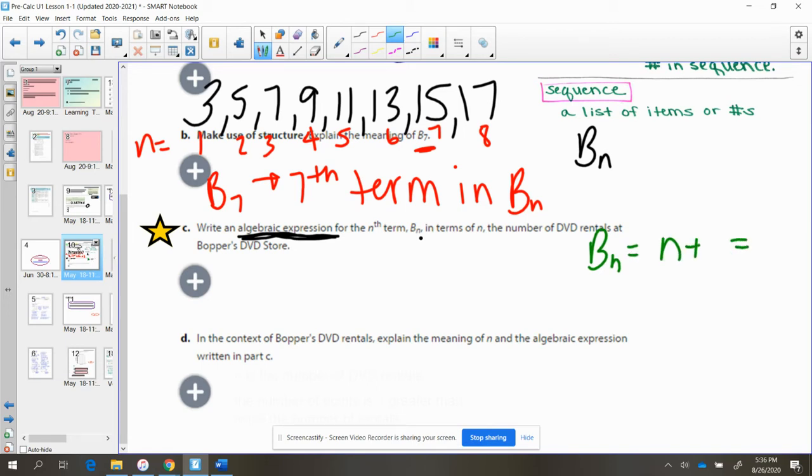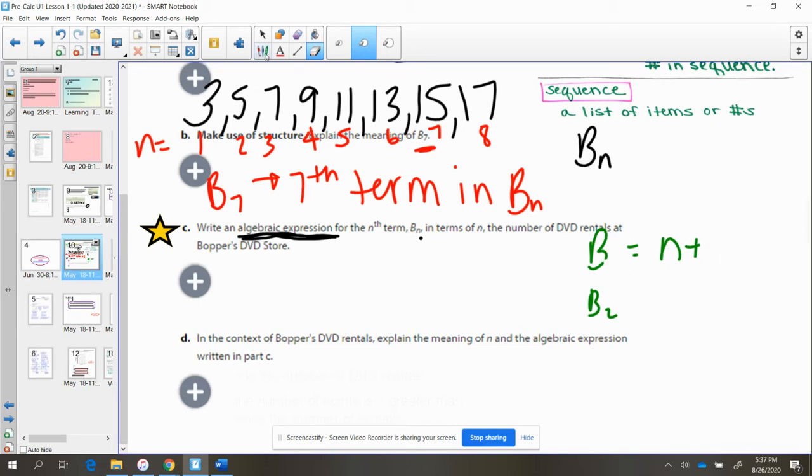For term number 1, we need it to equal 3, and for term number 2, we need it to equal 5. Well, n being 1 plus 2 equals 3. But for term 2, we're saying 2 plus 2 equals 5. Okay, that doesn't work out, so we know that can't possibly be the correct expression.